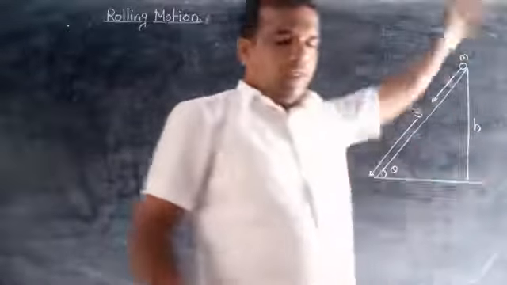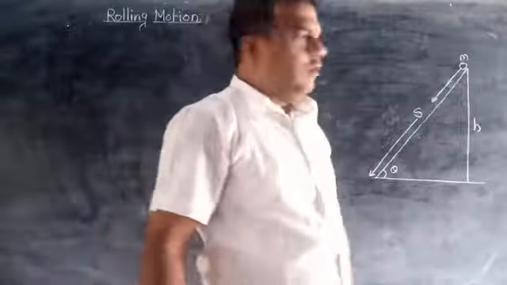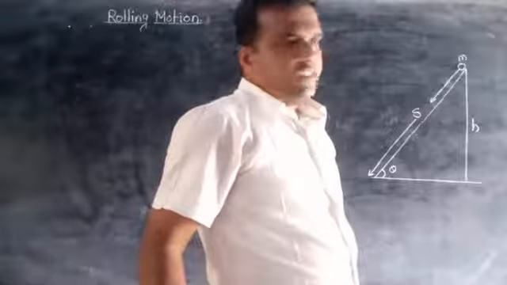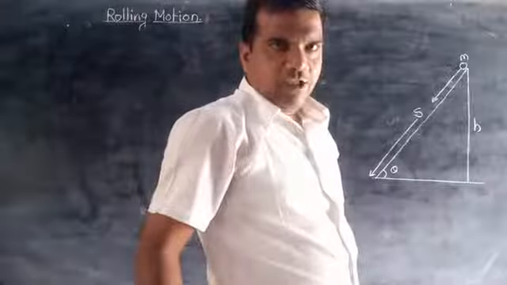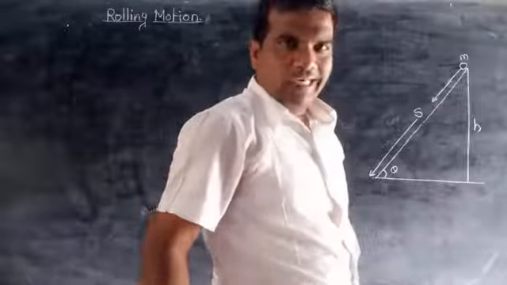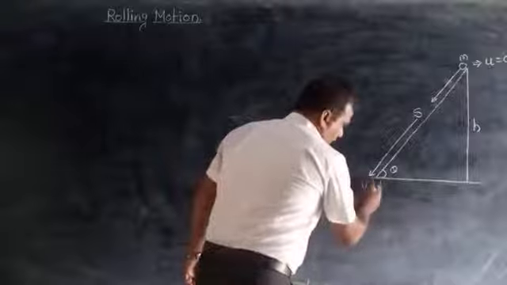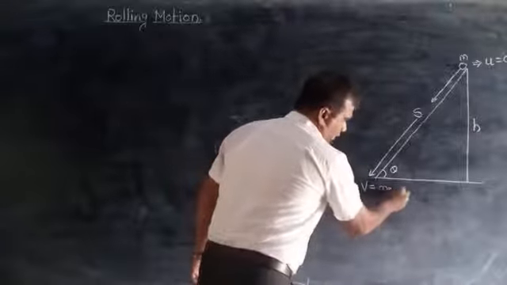So consider a rigid body rolling down an inclined plane. As the object starts, its initial velocity u is 0. This is the initial velocity 0, and at this point v is the maximum velocity.